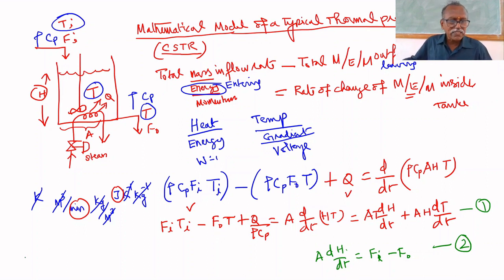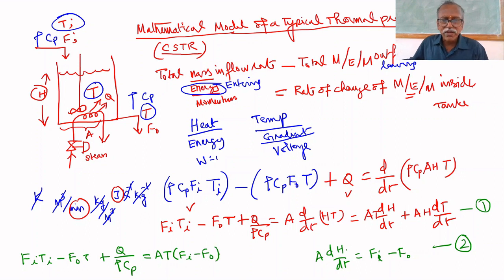Therefore the equation becomes Fi Ti minus F naught T plus Q upon rho Cp equal to T times (Fi minus F naught) plus Ah dT by dt. Sorry, A dH by dt is Fi minus F naught, that's why there is no A.